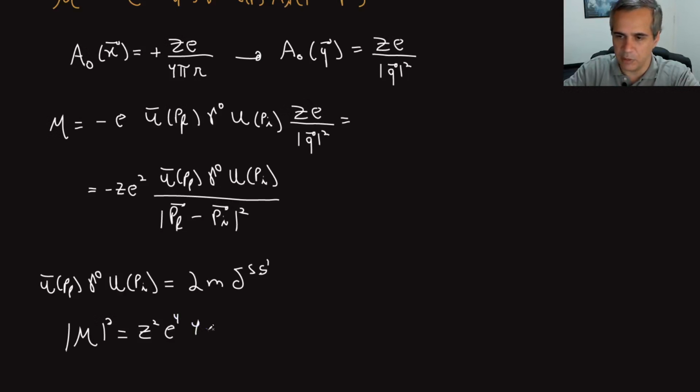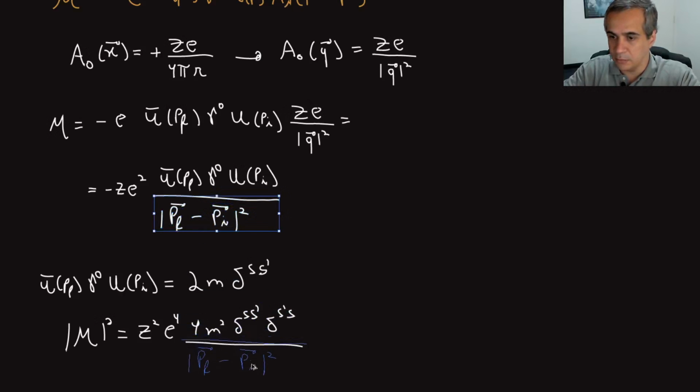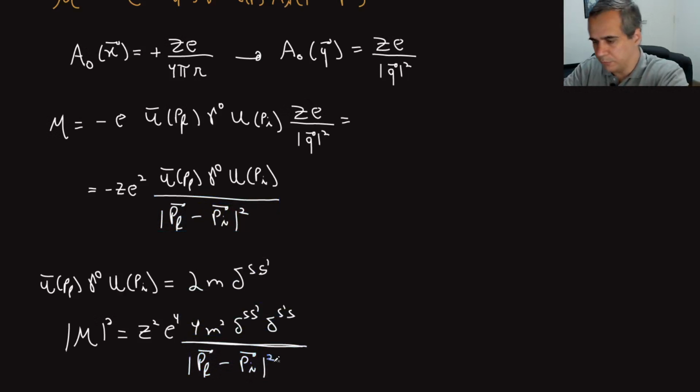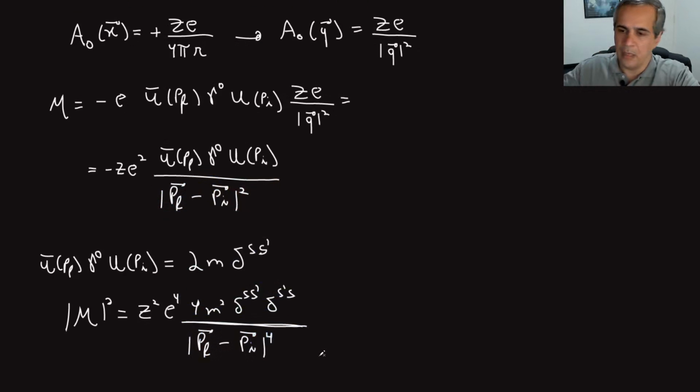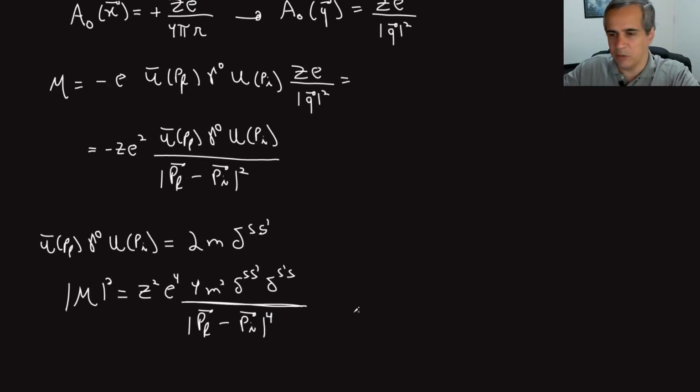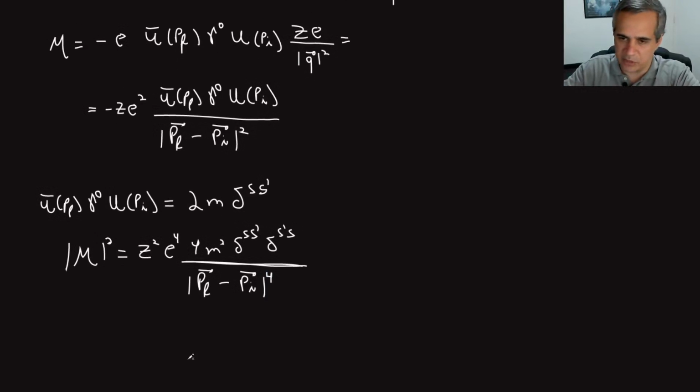This will be 4m squared delta S prime S delta S prime S over this guy to the fourth. So this is what I want to plug in the cross section.